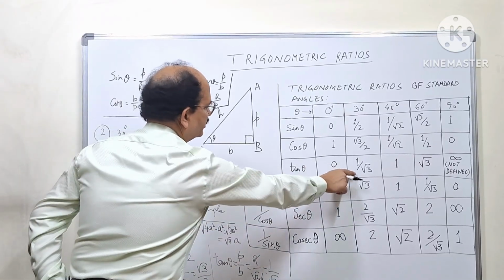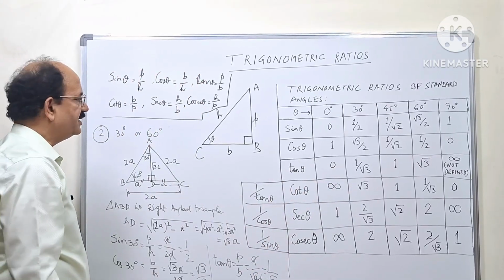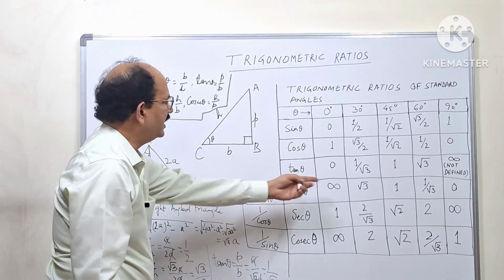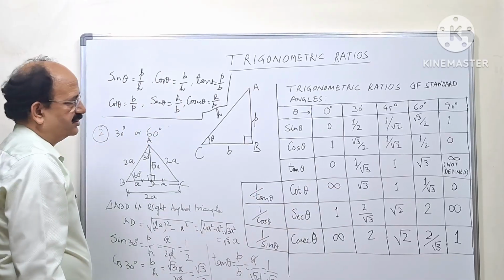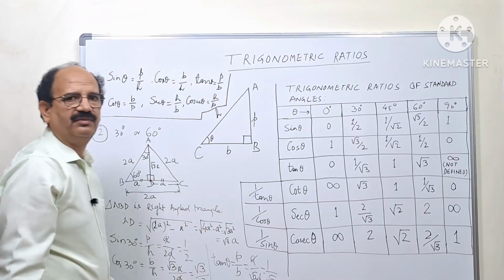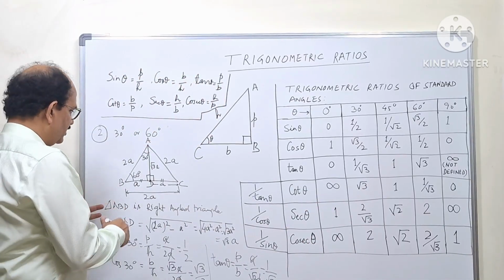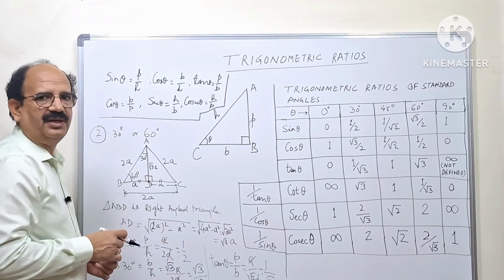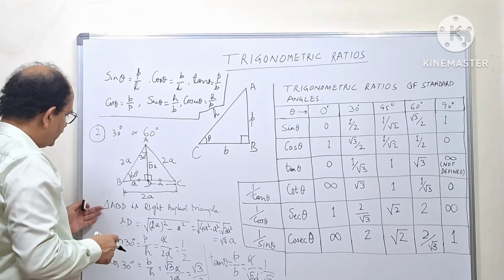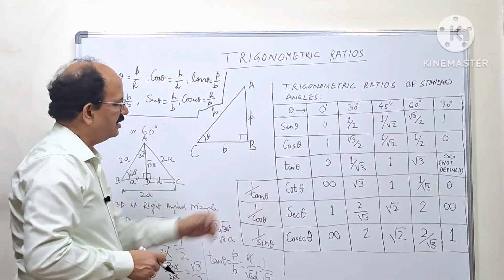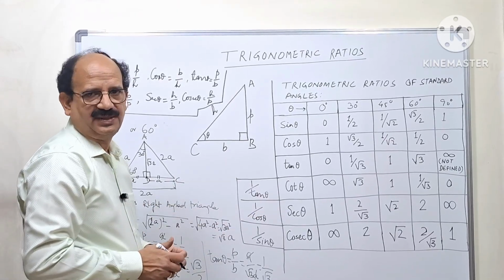Tan 30 degree is 1 upon root 3. Likewise, you can find cot 30 degree, which is 1 upon tan 30 degree, is root 3. It's just the inverse of that. So that becomes the trigonometric ratios of theta equal to 30 degree. Sine, cos, tan you can get, and by taking the inverse you will get cosec, sec and cot respectively.